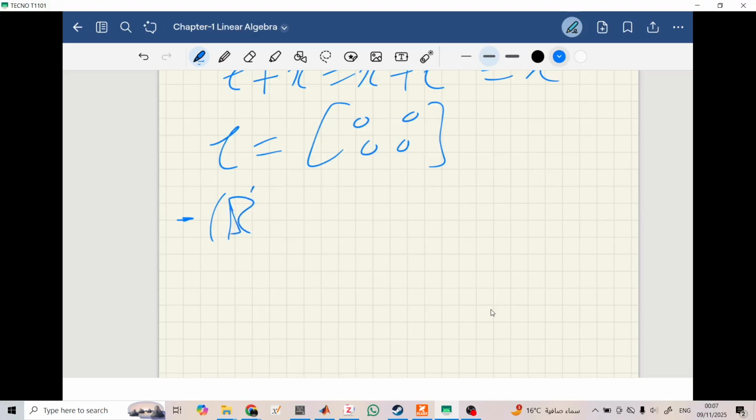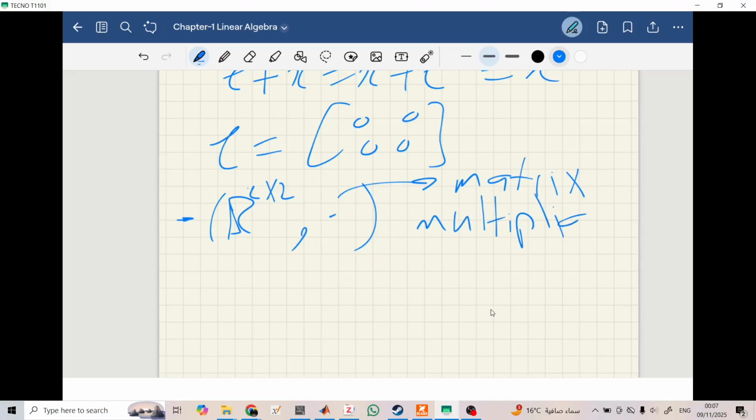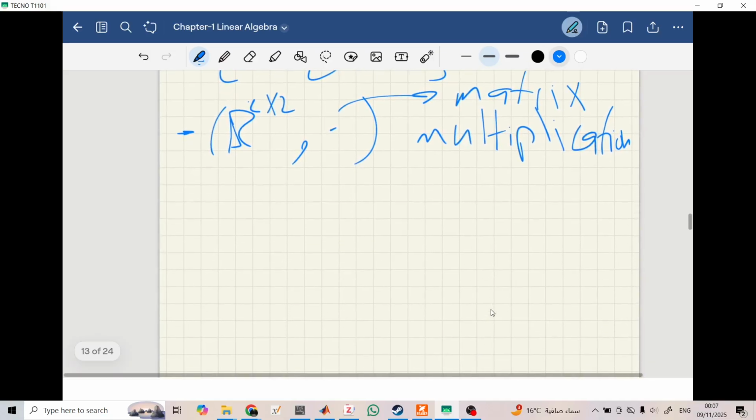Okay, another example for the same set, R 2 by 2, and now we want the dot, which is the matrix multiplication. Again, let's go by definition.